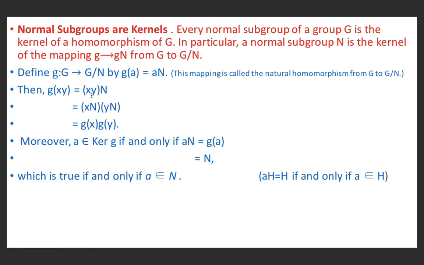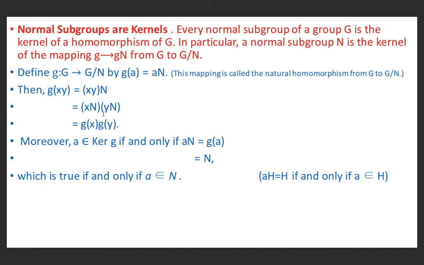Therefore, g of xy is equal to xyN by definition, and this is equal to xN times yN. We know that the product of right cosets is a right coset and the product of left cosets is a left coset.